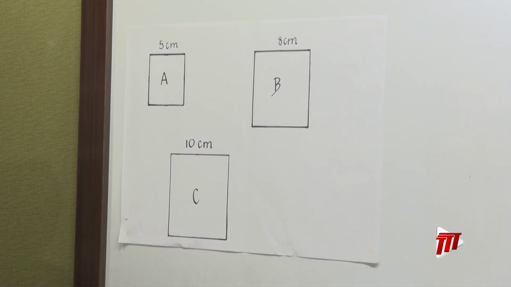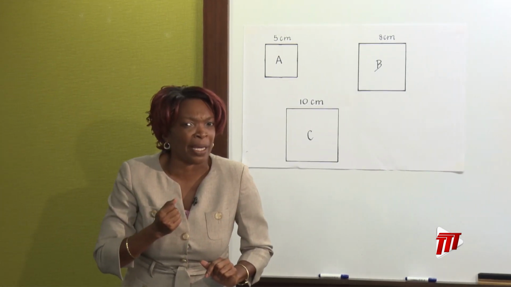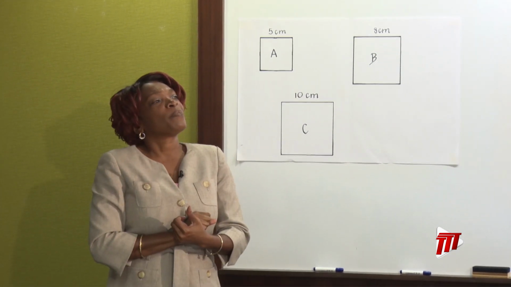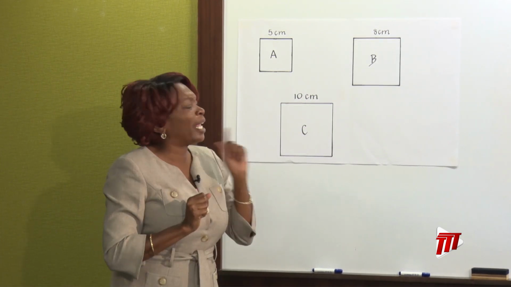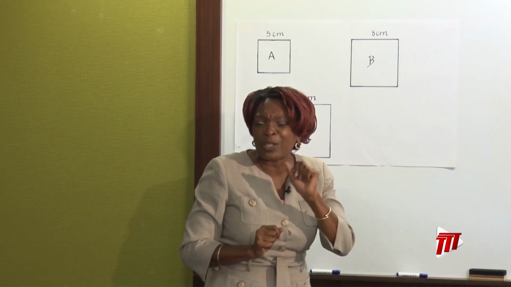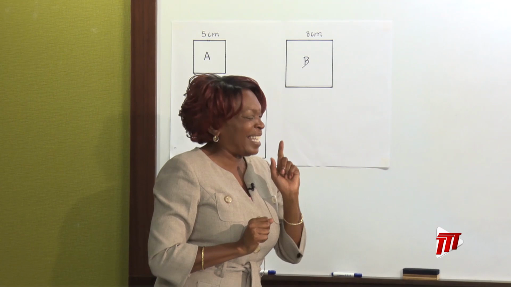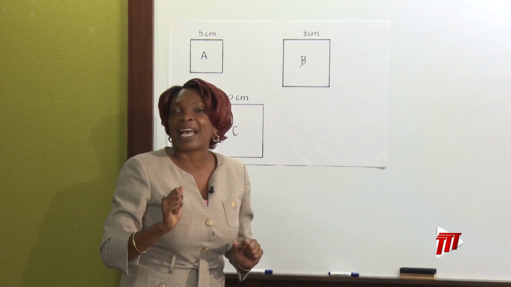First and foremost, what information do I need to have? I need to know the properties of a square. What do you know about a square that will be important in getting the perimeter? I know some of you are already working it out. Yes, a square has 4 equal sides.